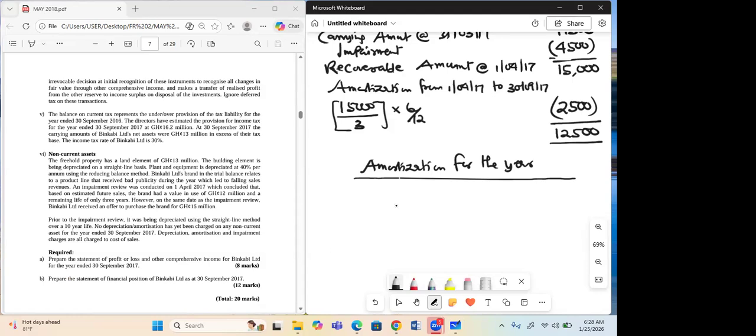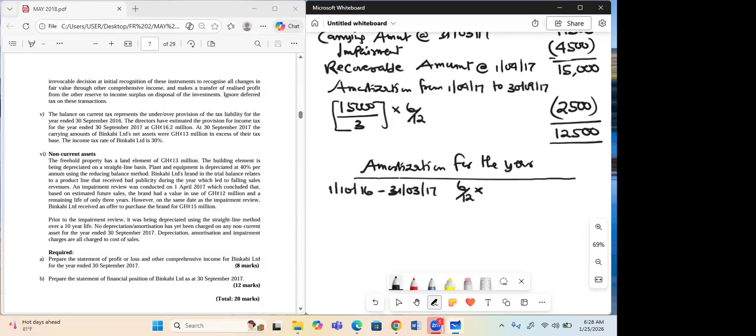Yes, so amortization for the year. Now, for that 2016 year, the year started from 1st October. So 1st October 2016 up to 31st March 2017, we have 6 months of 3,000, if you remember.